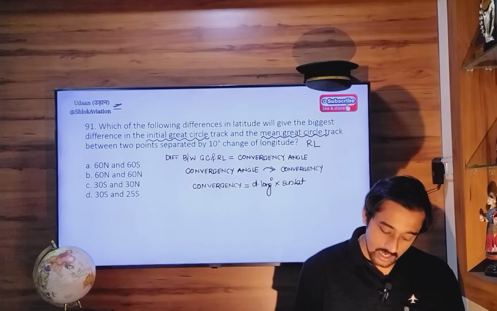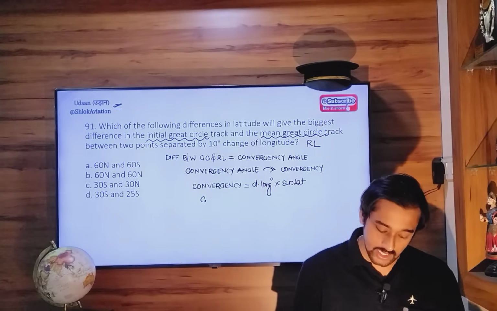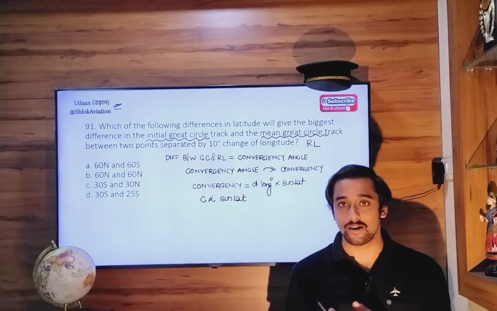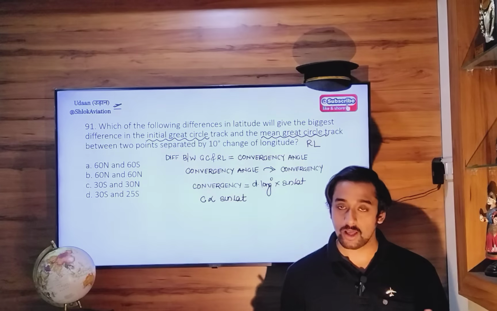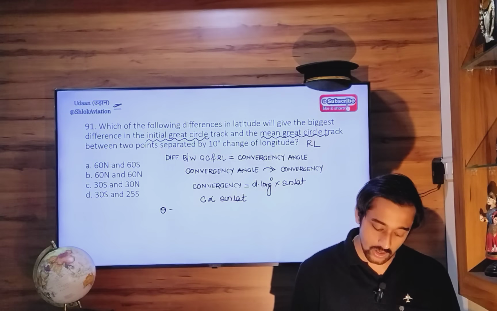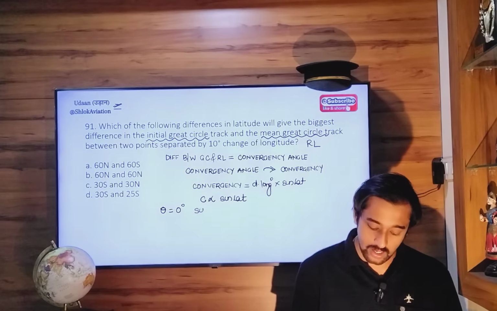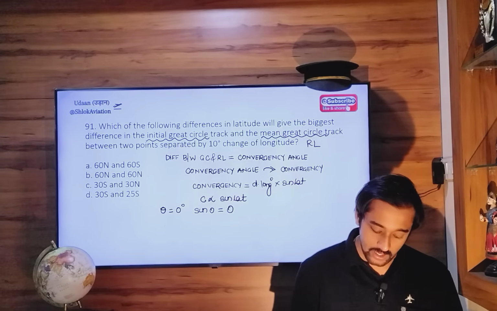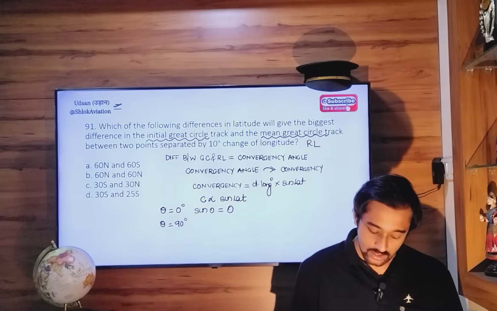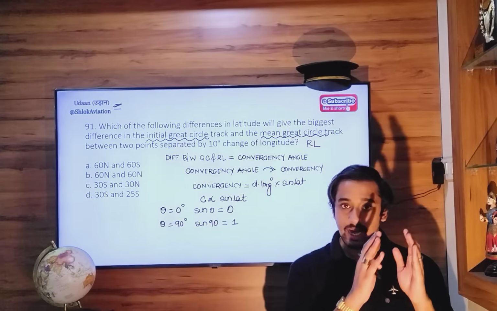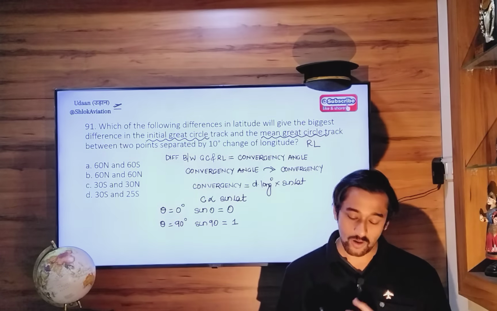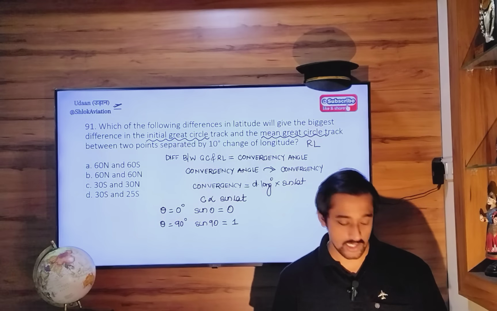That means convergency angle is proportional to sine of latitude, sine theta. So if theta equals 0, sine 0 will be 0. With theta 90 degree, sine 90 will be equal to 1. So as angles increase, the value of sine along with them also increases.